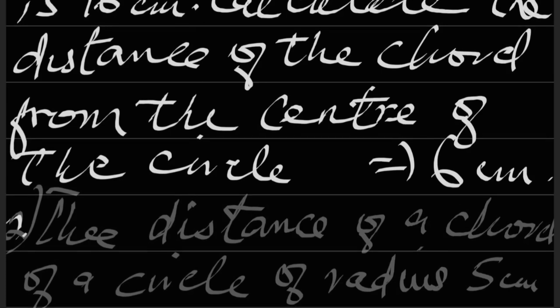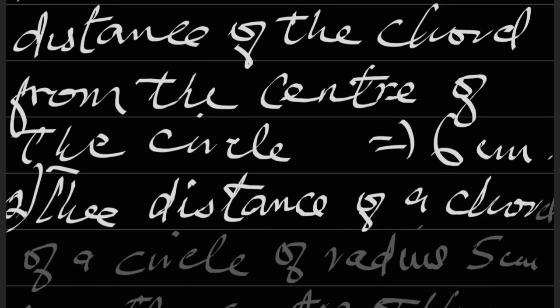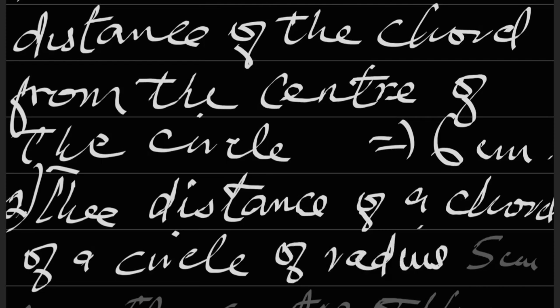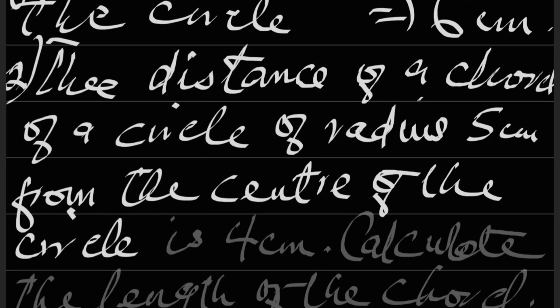Question number 2. The distance of a chord of a circle of radius 5 centimeters from the center of the circle is 4 centimeters.